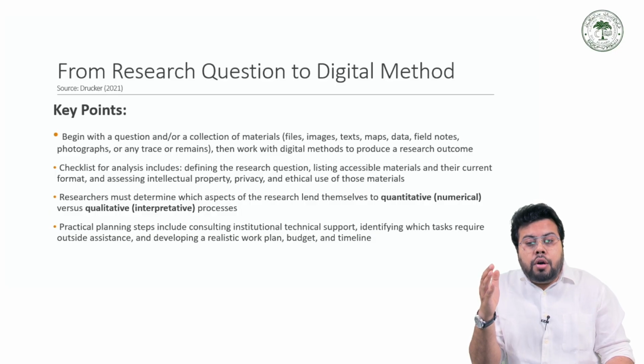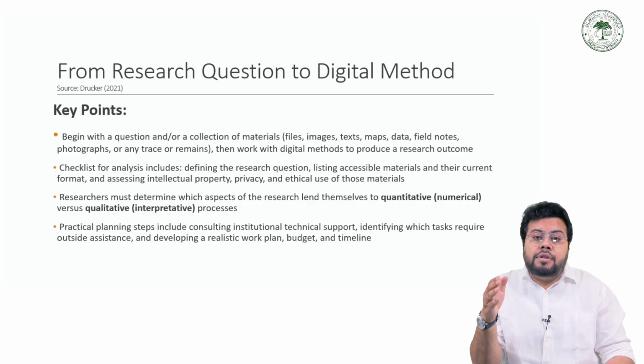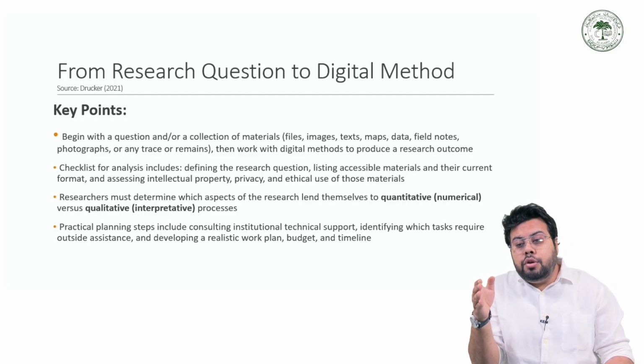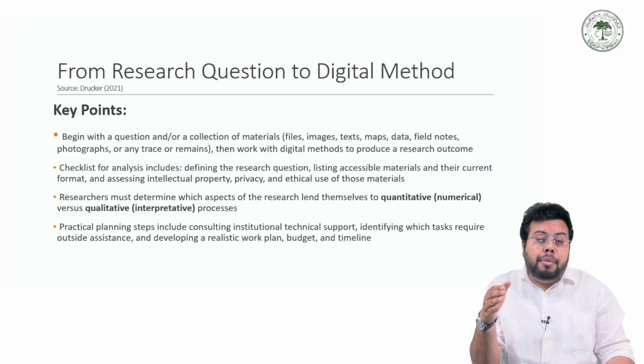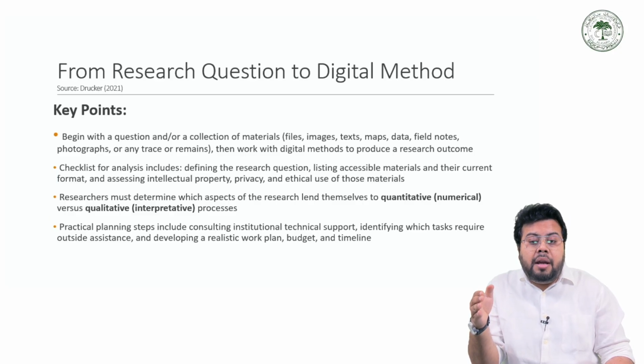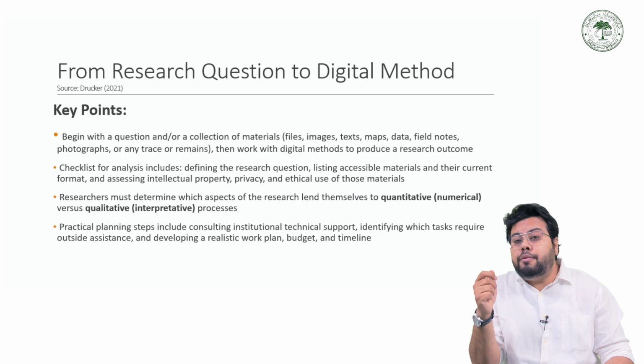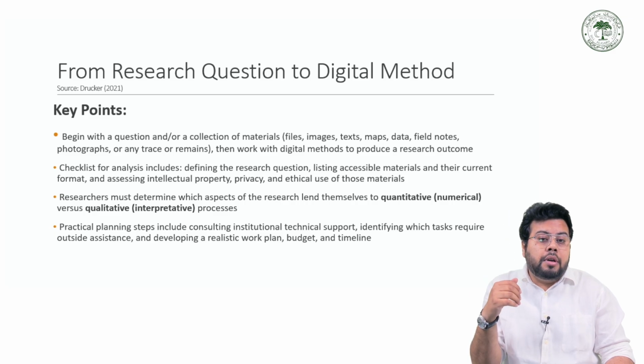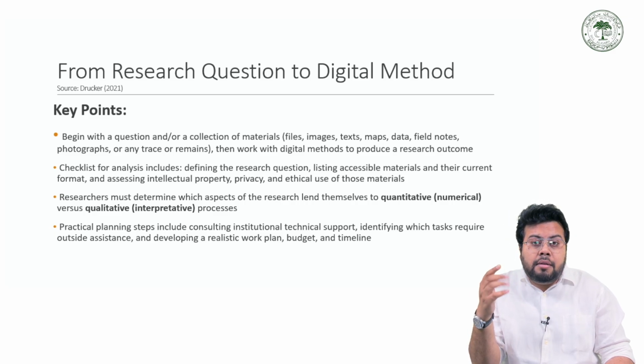All right. Talk to the technical support if your institution has it. Figure out honestly what you can do yourself versus what needs help, and build a realistic timeline and budget. Skipping this step is one of the most common reasons digital humanities projects stall out. So one has to keep this in mind.